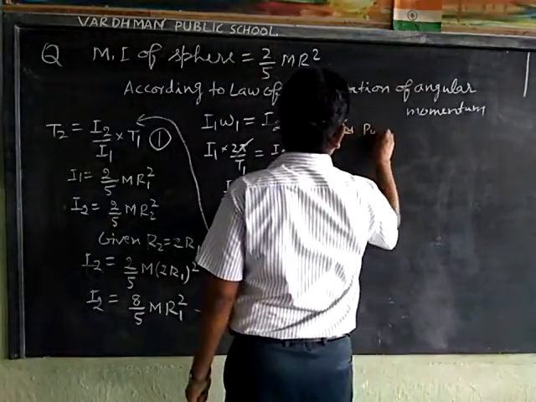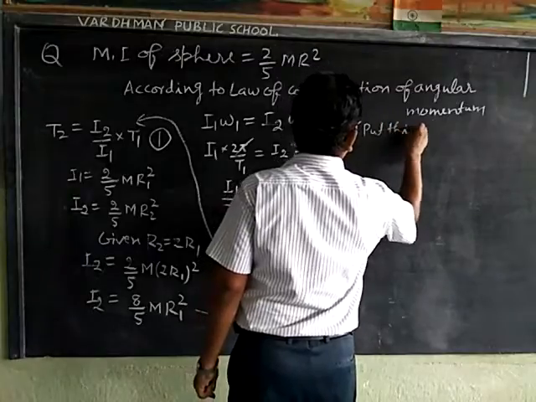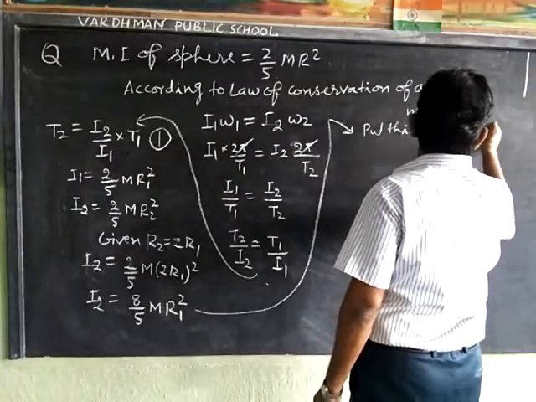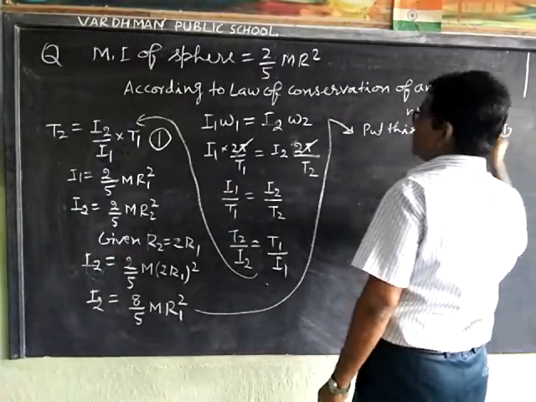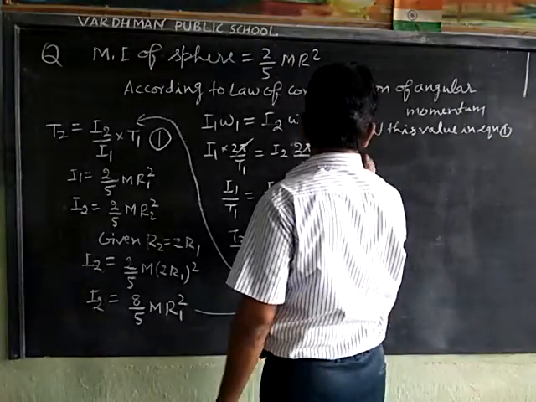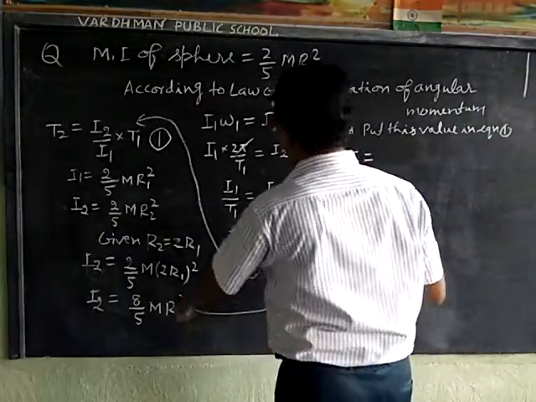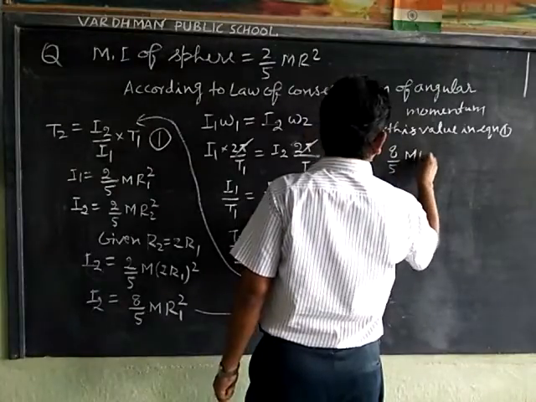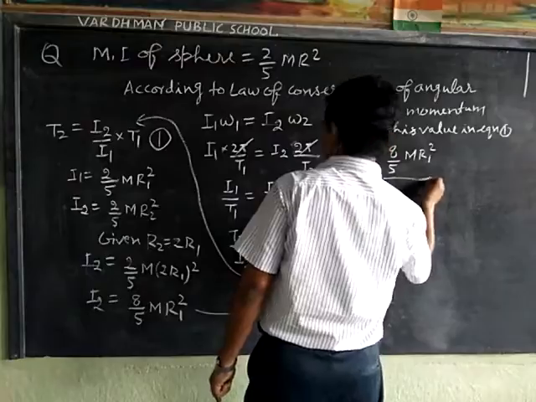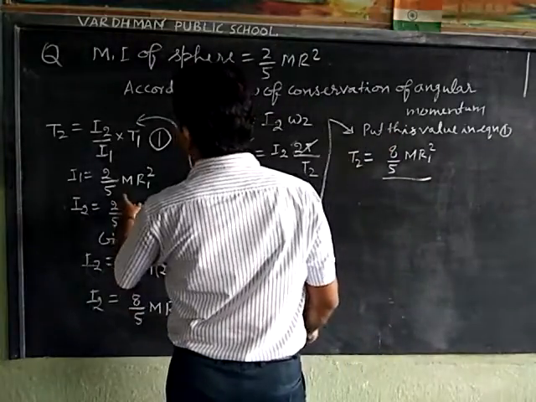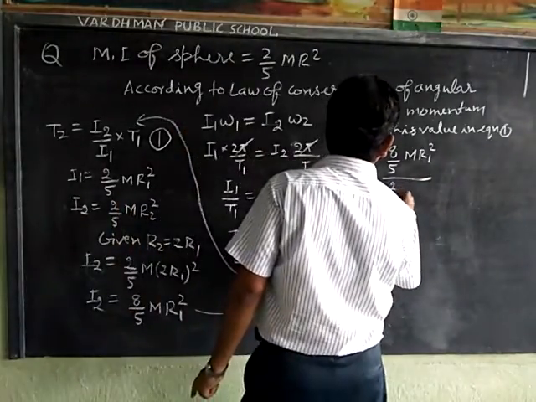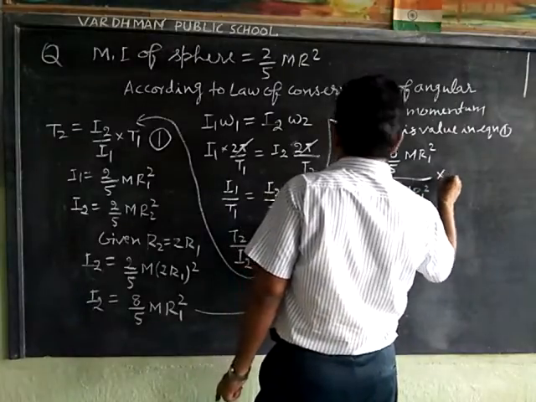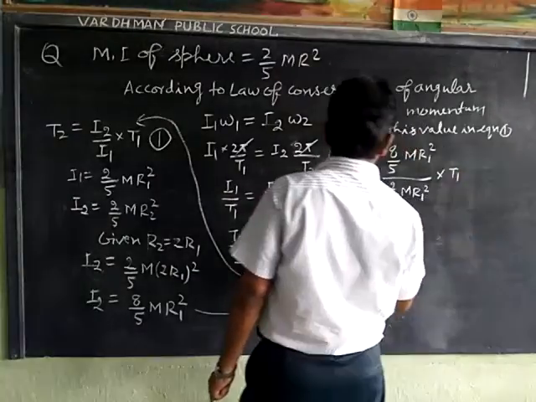Now put this value in equation first. Then T2 is equal to I2, 8 upon 5 m r1 square, upon I1, 2 upon 5 m r1 square, into T1.